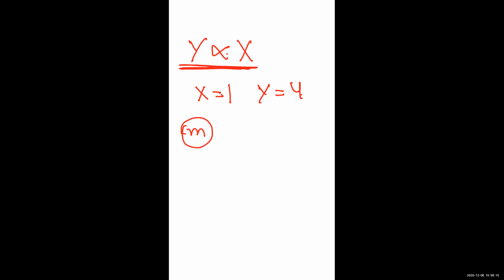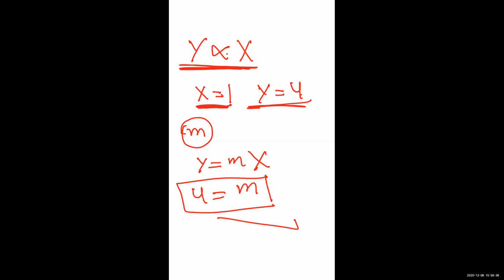It varies directly, so the relation is y equals mx. Now y is 4, x is 1 times m, so m will equal 4. So the proportional constant will equal 4, so the right choice is letter C. Are we clear now, guys, about this? Yes, mister. Okay, great.